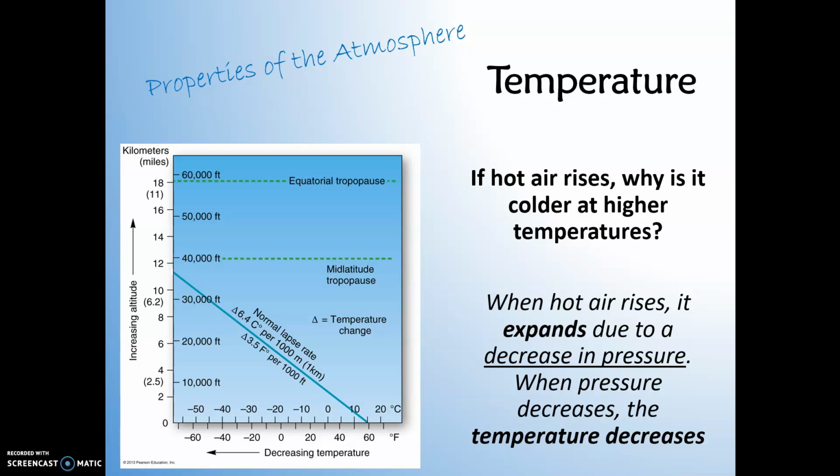As hot air rises, it finds itself in an area of decreased pressure, less pressure, as we talked about in the last video. So when that hot air rises, it expands. And when you expand gas, it cools down.